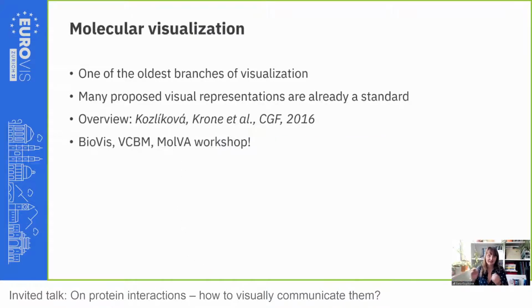And another evidence that molecular visualization is a topic, and hopefully will still be a topic, is that we have a couple of different venues dedicated either completely or partially to molecular visualization. I can name here EuroVis, visual computing for biology and medicine, and of course this workshop. So it's the right place to be here today.